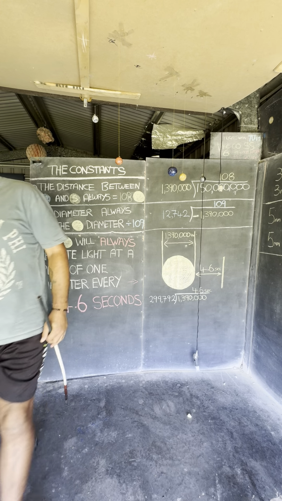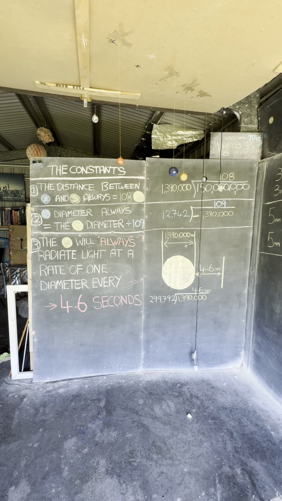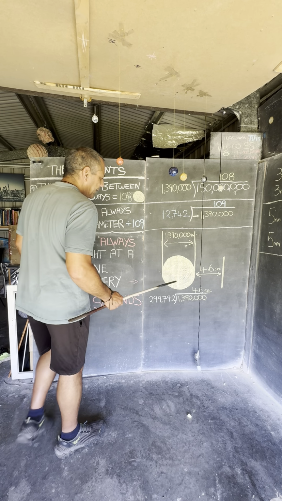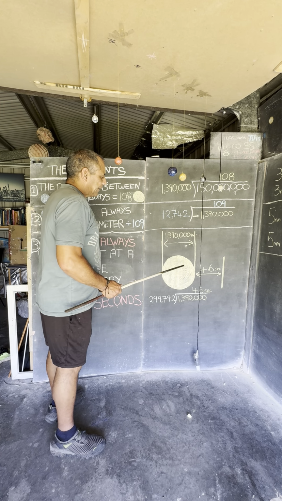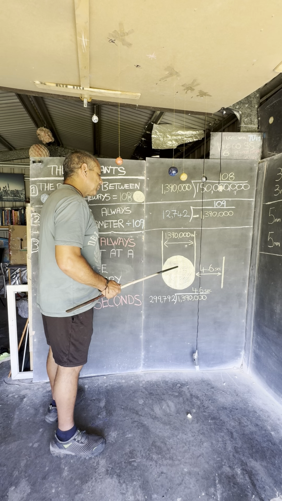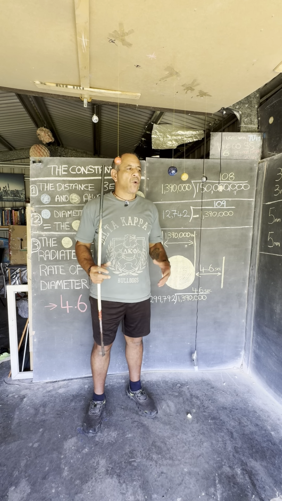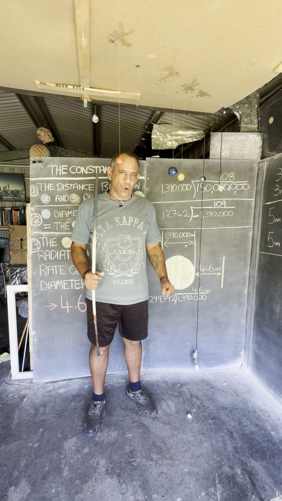Now the problem we're having here is when we bring this down to scale in a diagram that we want to see how things work, right?